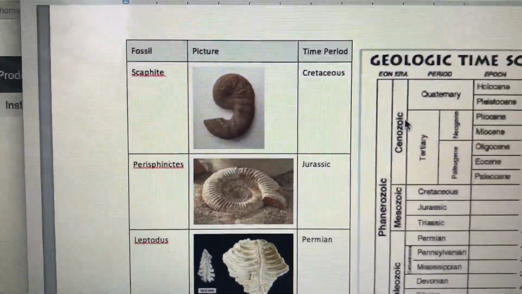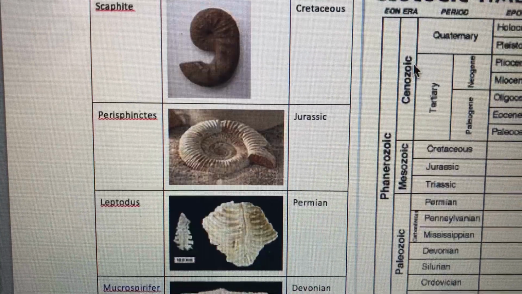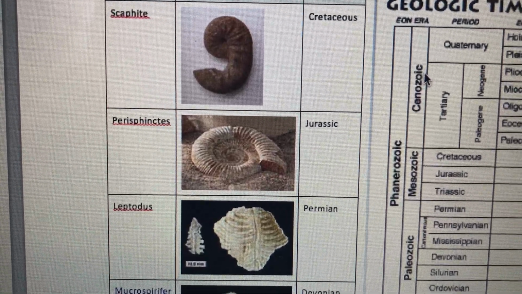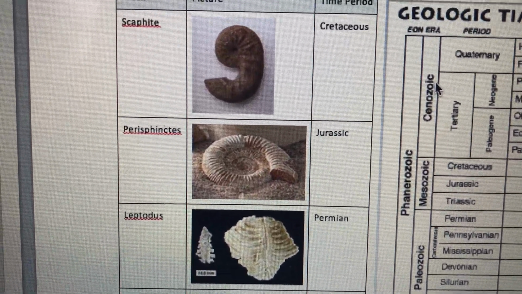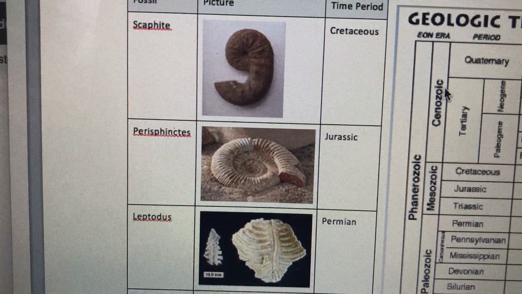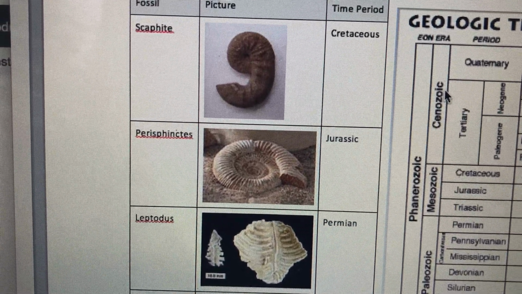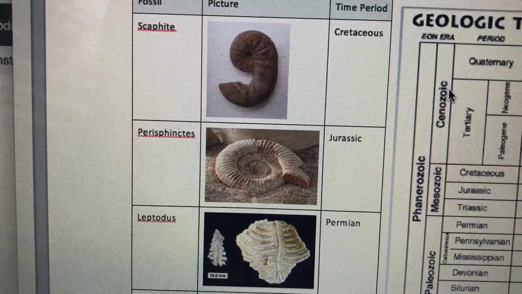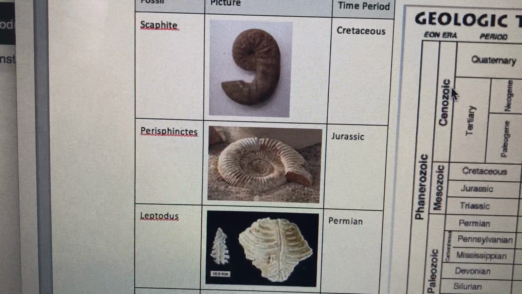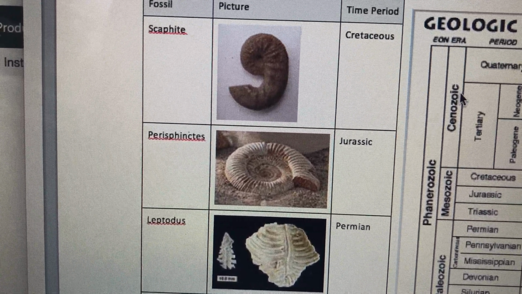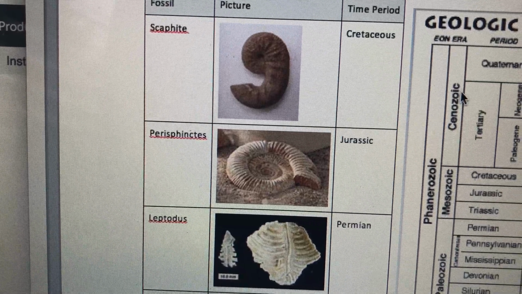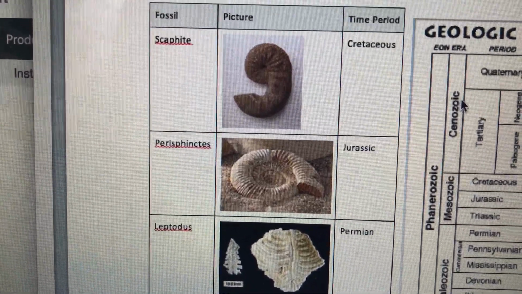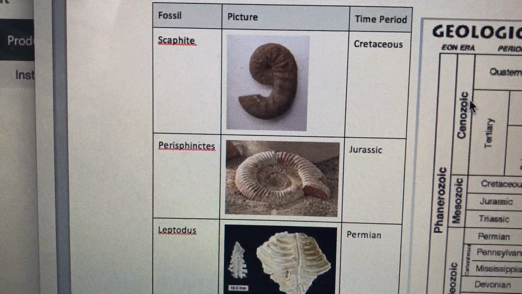So if we find a fossil in a rock layer, and we also find Parasphinctus in that rock layer, the Parasphinctus acts as an index fossil that gives us information that the fossil we just found, the other fossil, is of the Jurassic period.